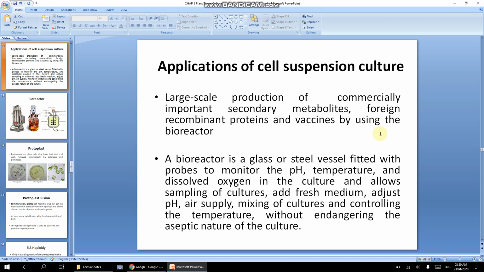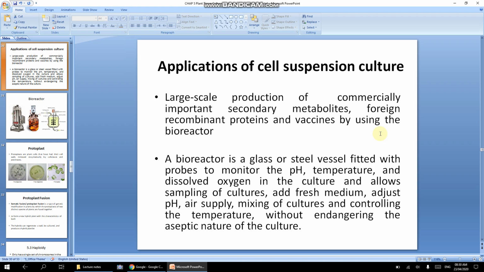So, applications of suspension culture: you can overproduce a lot of secondary metabolites by using a bioreactor. For example, there is something you are interested in, such as caffeine, and you want to overproduce the caffeine, so you can do it by putting it in the bioreactor.